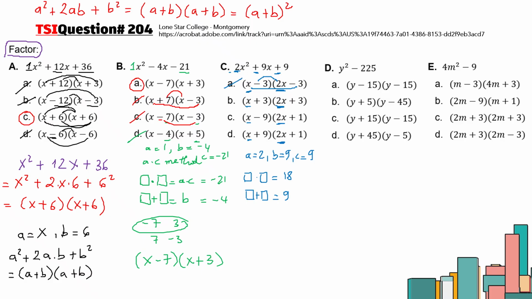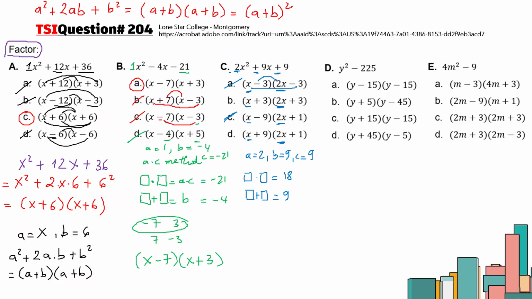Okay, so for part C, if you have -9 times 2x, that's -18x, add x is still -17x, so eliminate C. Now you have two choices, B or D. Let's see which one gives you that.